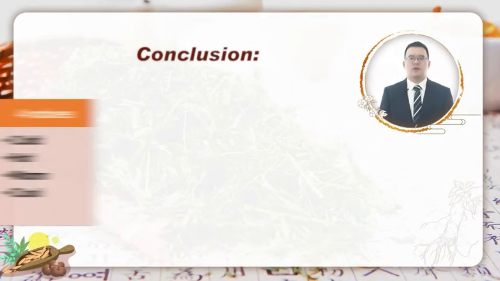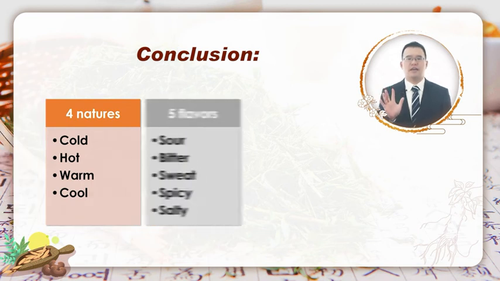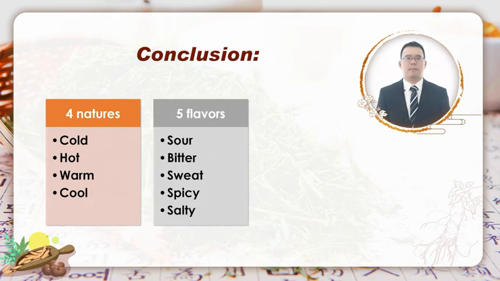Okay, let's make a conclusion of this lesson. We learned 4 natures. They are cold, hot, warm, and cool. And 5 flavors contain pungent, sweet, sour, bitter, and salty.